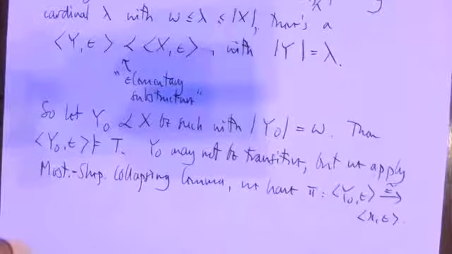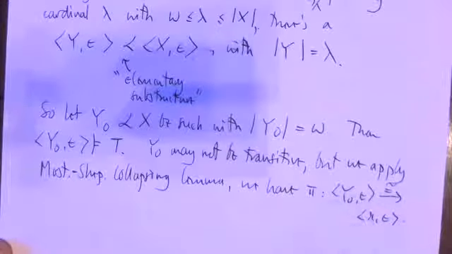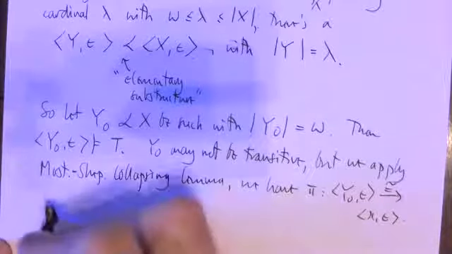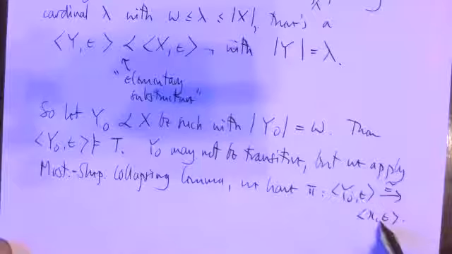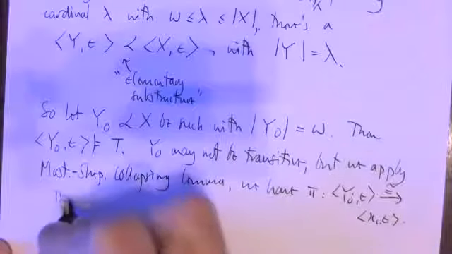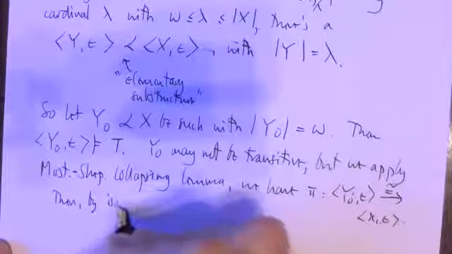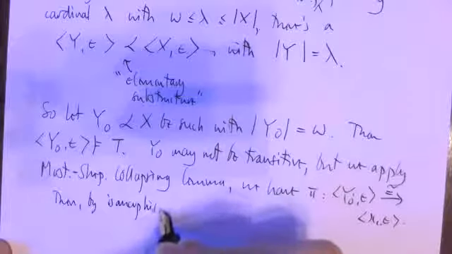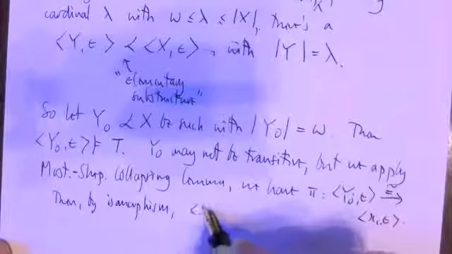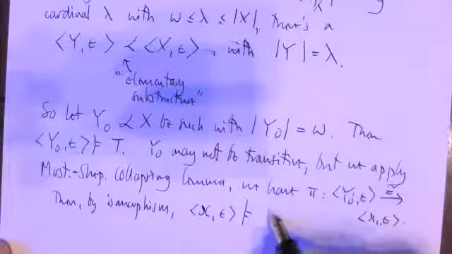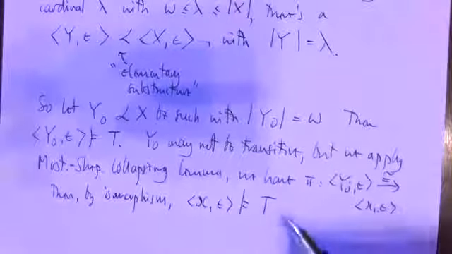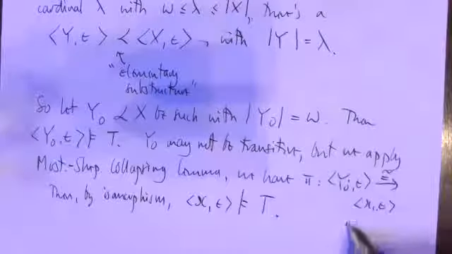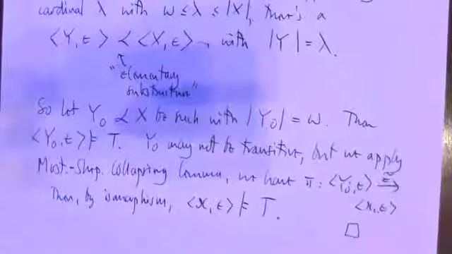The collapsing lemma said that pi and X were unique. As this structure is isomorphic to this structure, the same things are true here as are true here. So by isomorphism, little X epsilon is a model, satisfies all those sentences T as well. And so we're done.